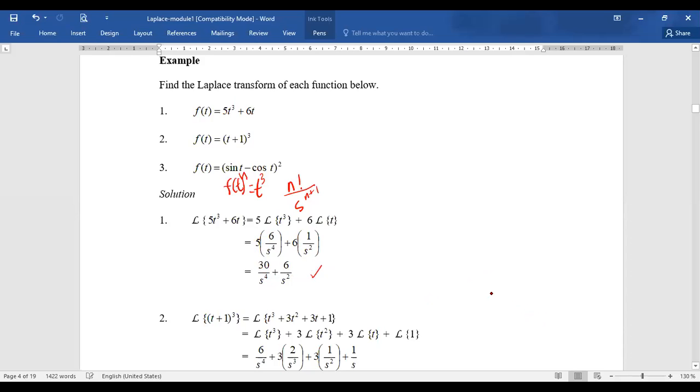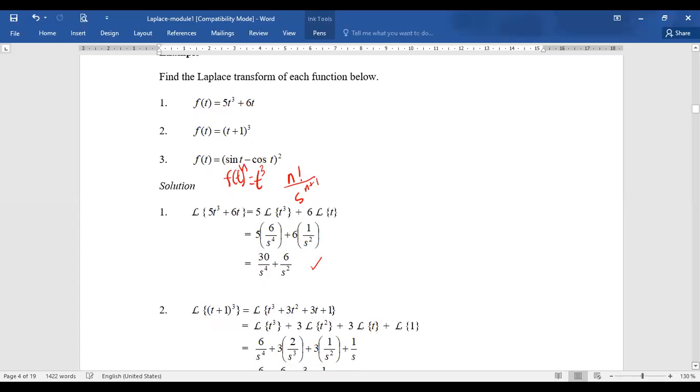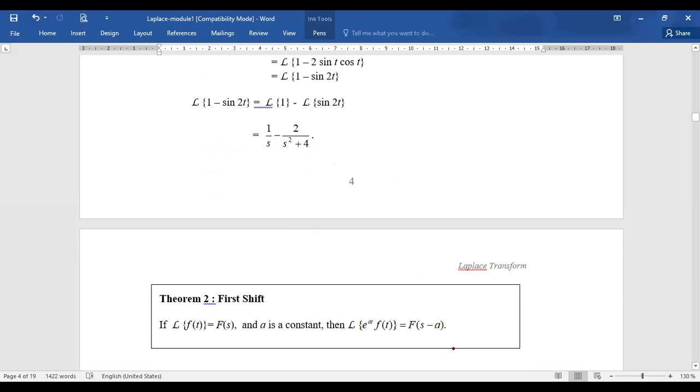Okay. Kemudian (t plus 1) to the power of 3. So you need to do the expansion first. Lakukan pengembangan dahulu pada (t tambah 1) kuasa 3. So akan dapat macam ni.